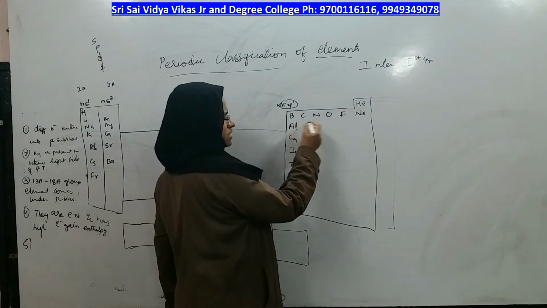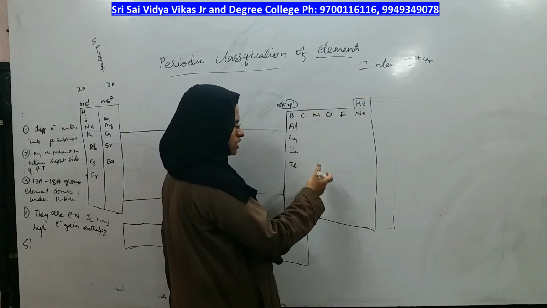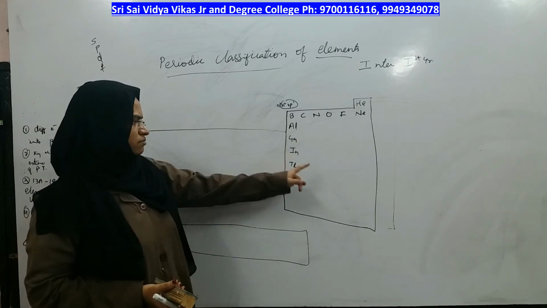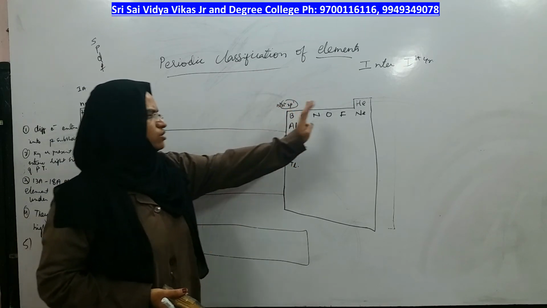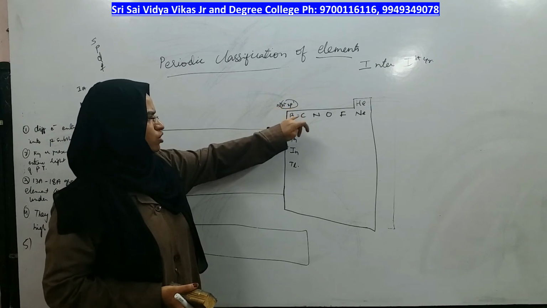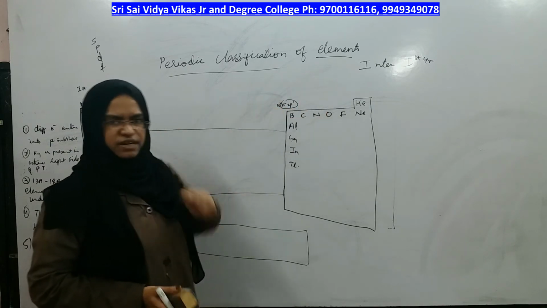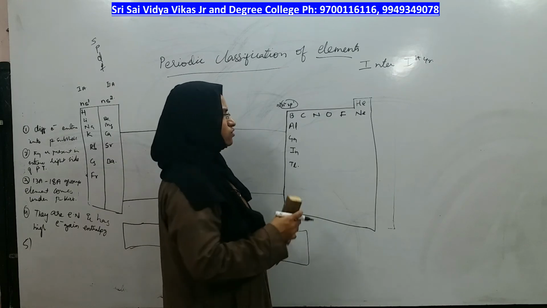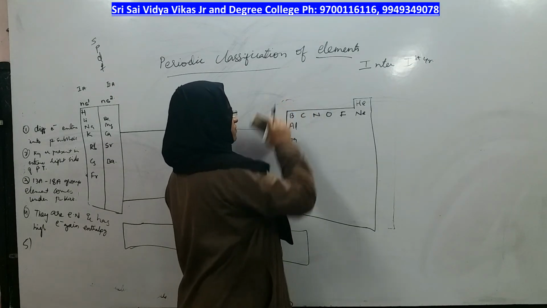In the same way, carbon, silicon, germanium, tin, lead, nitrogen, phosphorus, arsenic, antimony and bismuth, right? The order follows 2s2 2p1 for boron, 2s2 2p2 for carbon, like that. This is individual, but we cannot write individual configurations here. What you have to write is the general electronic configuration.